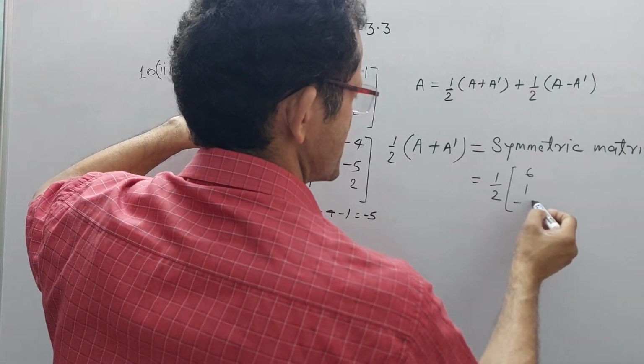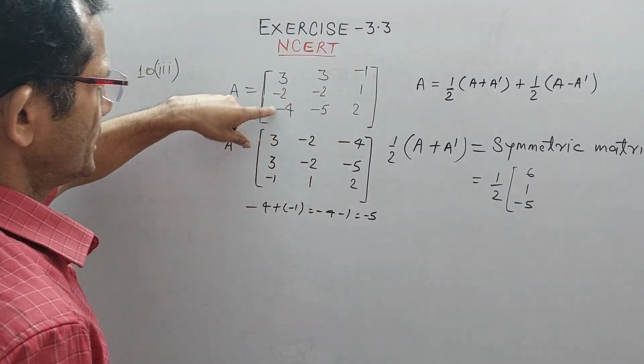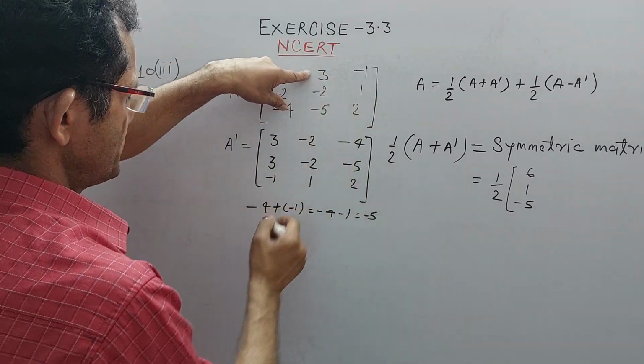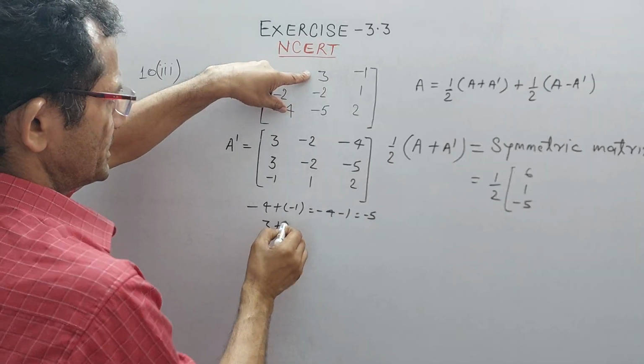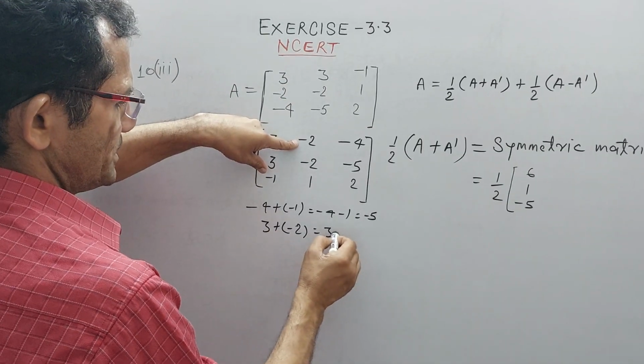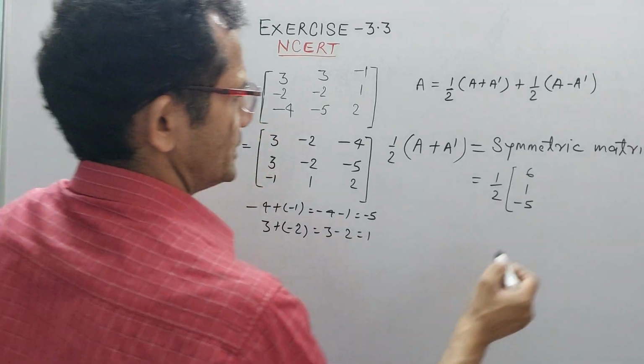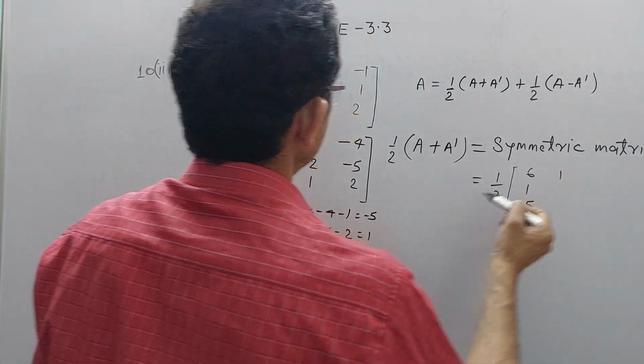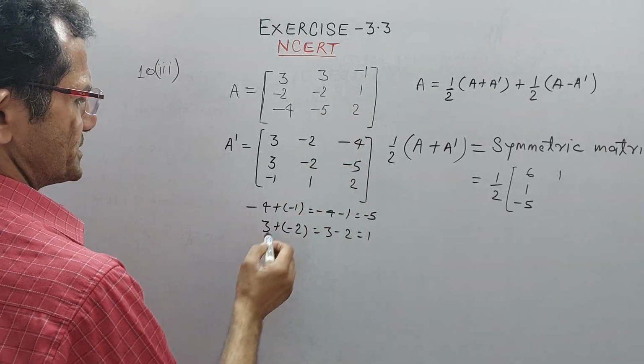So this entry will be minus 5, and 3 plus minus 2 comes out 3 minus 2, which is 1. So this entry is 1, and similarly minus 2 plus.